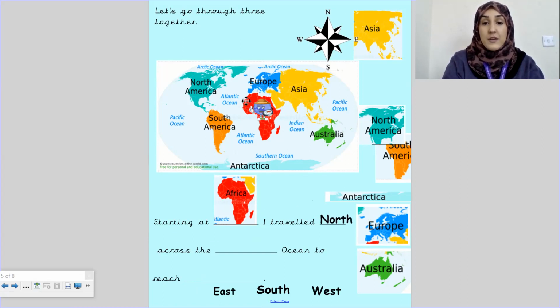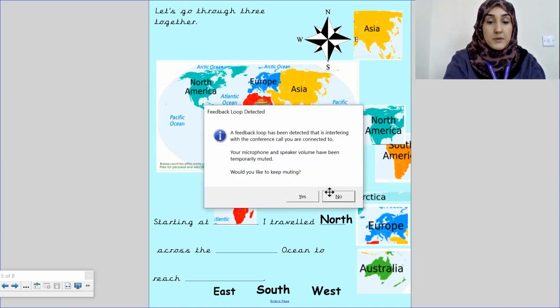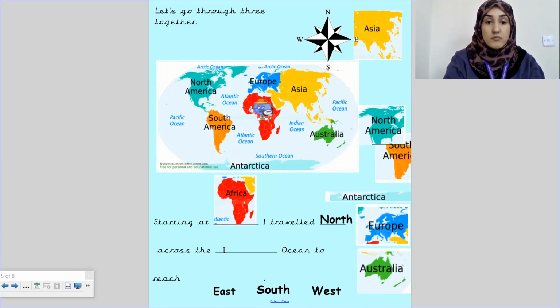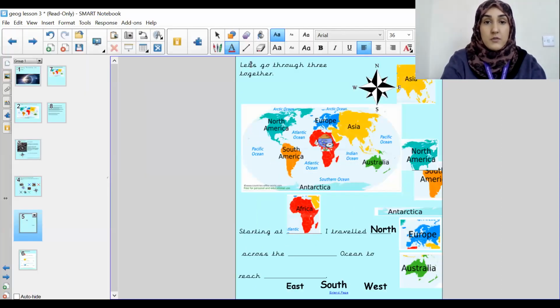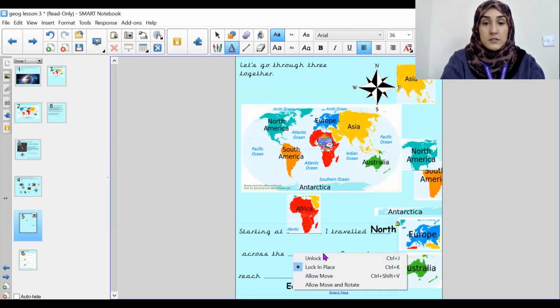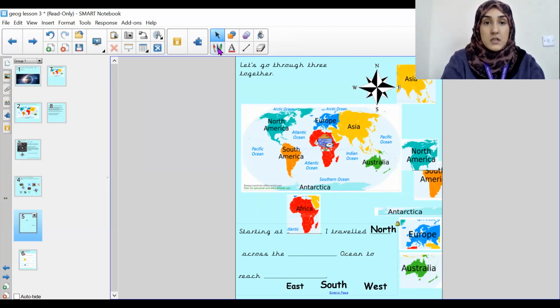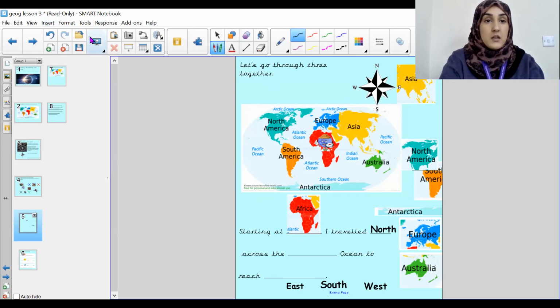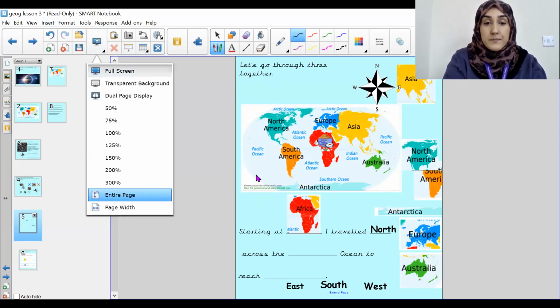Which ocean? Now, if I zoom in, this bit here, that is still the Atlantic Ocean. Let me put in a text box myself. Never mind.